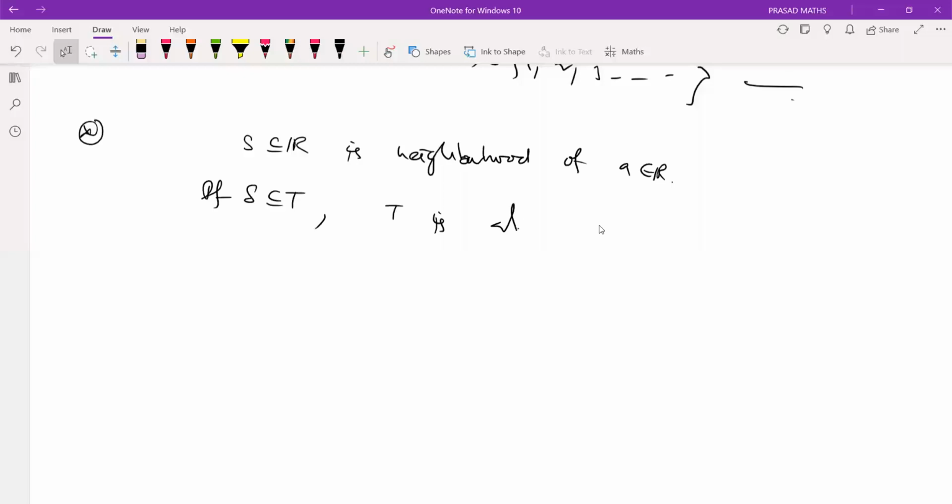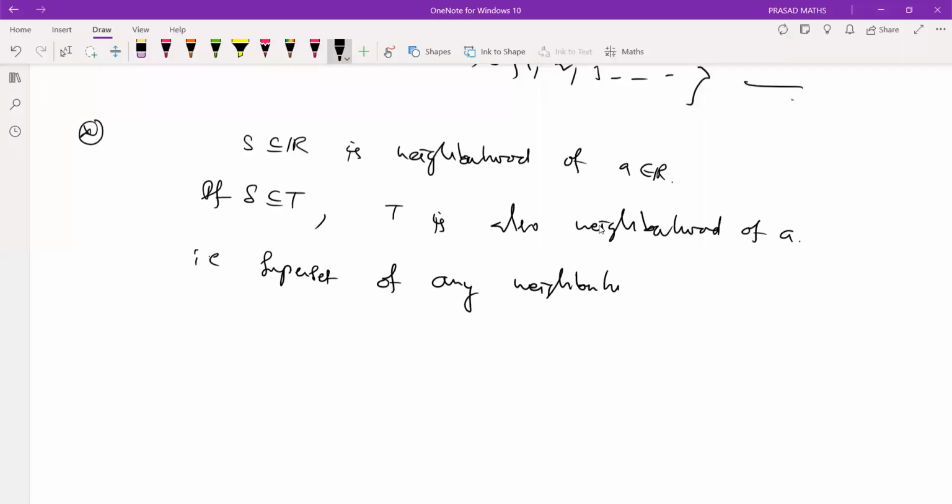T is also a neighborhood of the same point. Means a superset of any neighborhood of a point A is a neighborhood of that point.